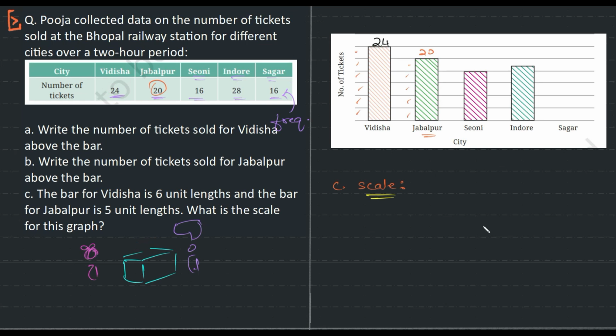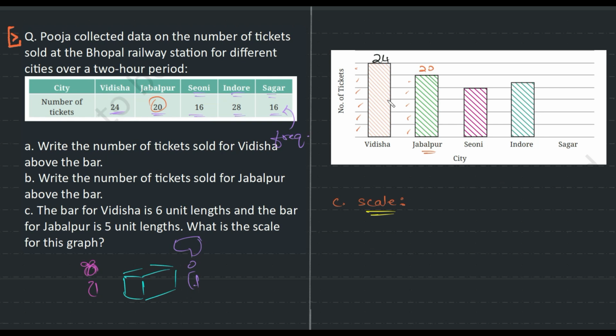Similarly, can you think of this: to represent 24 tickets being sold, the length used is 6.